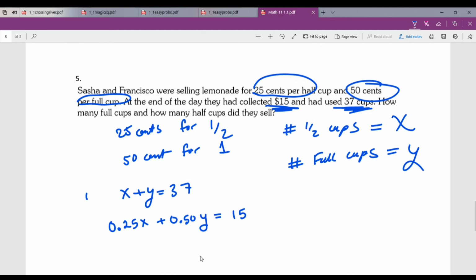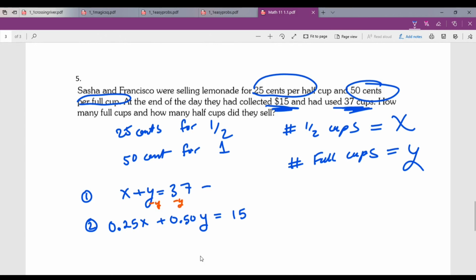Now we have two equations, and of course from Algebra 2 you can either use substitution or elimination to solve for X and Y. I'm just going to use substitution. For the first equation, I can subtract Y from both sides.